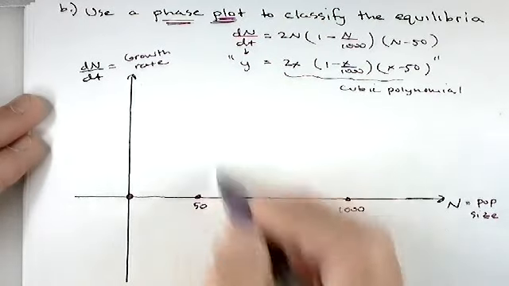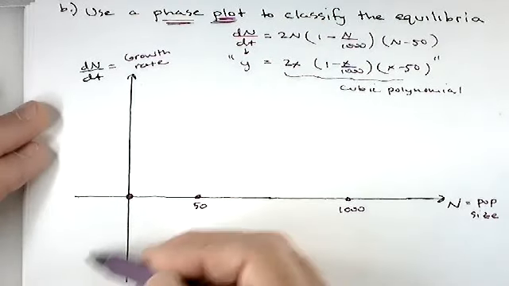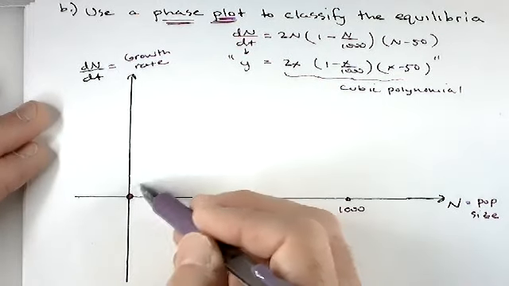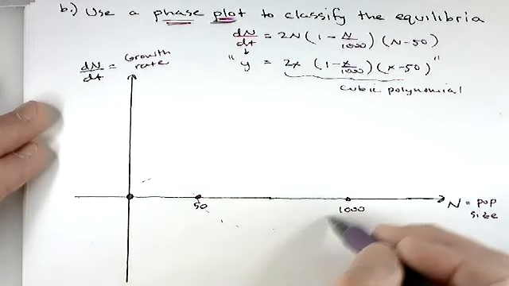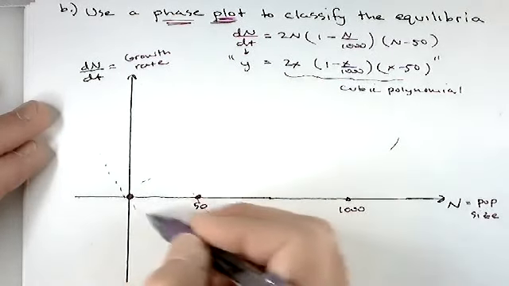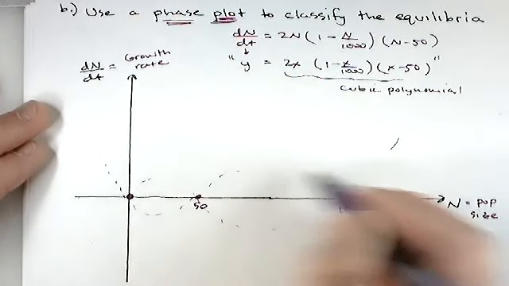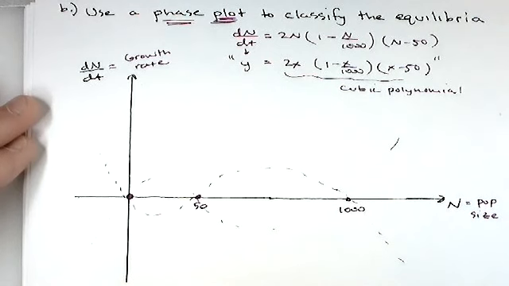It's either going to be this, or the opposite, right? That's how cubic graphs look.